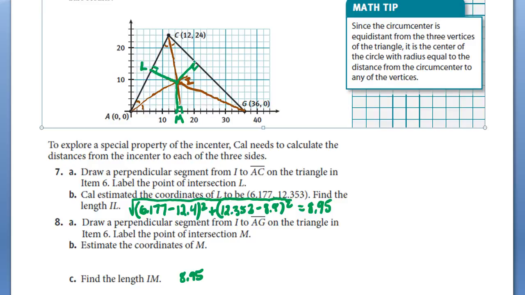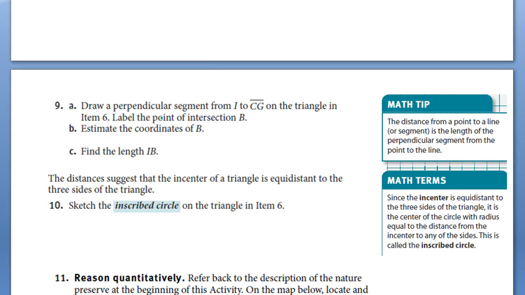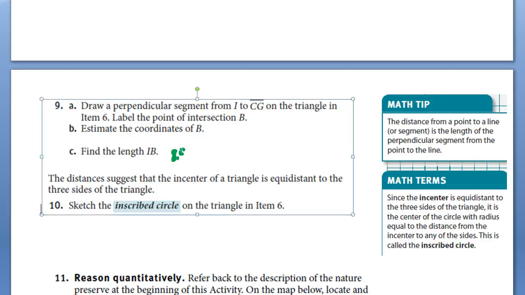We want to hit at a 90-degree angle box. It's going to ask us, how long is that green segment? Well, it looks the same as the other ones. So if we did out the algebra work with the distance formula, we would find it was 8.95. These distances suggest that the incenter of a triangle is equidistant to the sides of the triangle.